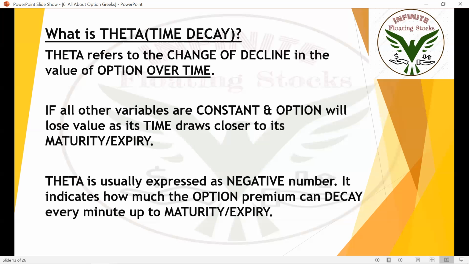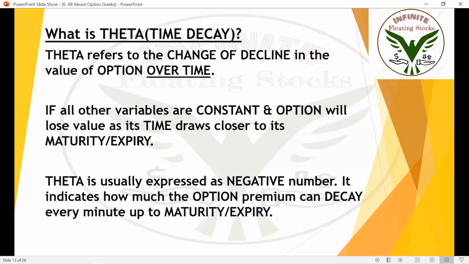Even if Nifty is not moving, that premium will become 64 on Tuesday and some 40 on Wednesday, and it will become 0 on Thursday, because Thursday is weekly expiry. Even though Nifty is not moving, the premiums will expire on Thursday.